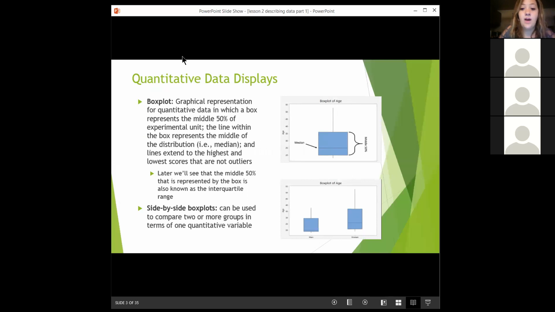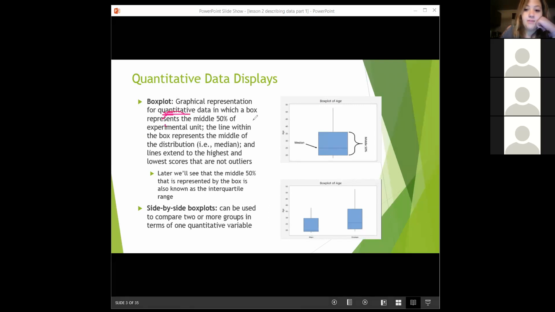So a box plot and side-by-side box plots are the same thing. They're not too much different, but our box plot is going to be a representation for quantitative data again. The box is going to be the middle 50%. That's what we're talking about here. And then this line is going to be our median.